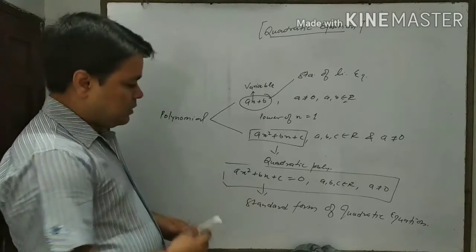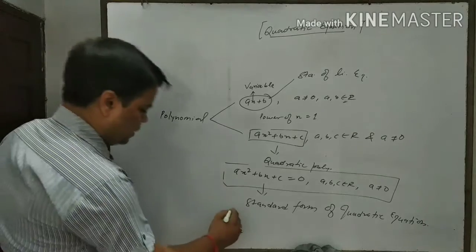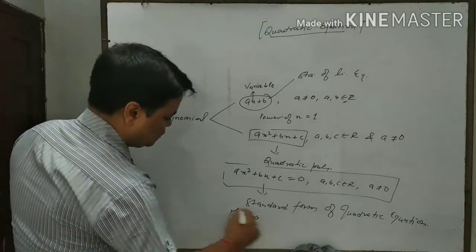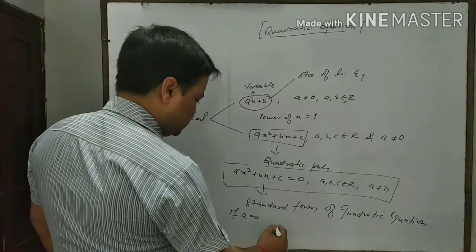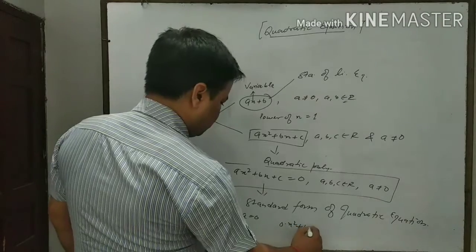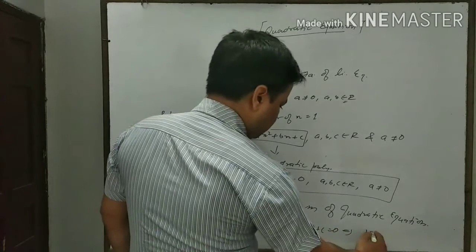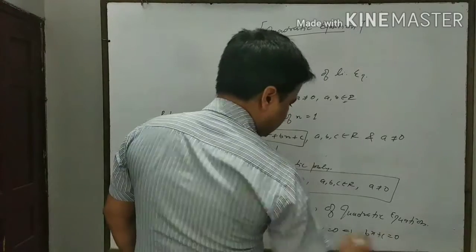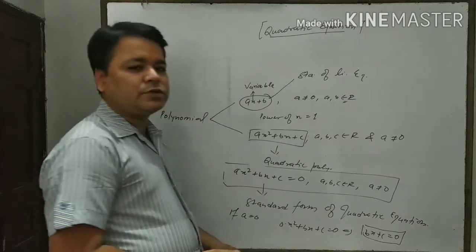Why? Because if a is equal to 0, it will be 0 into x square plus bx plus c is equal to 0, which implies that bx plus c is equal to 0, which is the standard form of the linear equation.